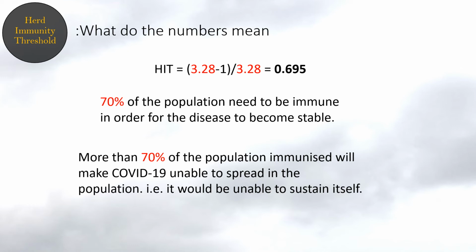And the interpretation for this number is we're going to times it by 100 to make it a percent. 70% of the population need to be immune in order for the disease to become stable. Or, more than 70% of the population immunized will make COVID-19 unable to spread in the population. It will be unable to sustain itself because its R number will be less than 1.